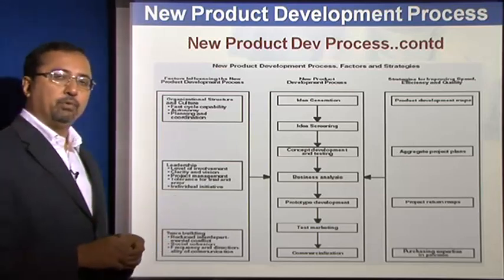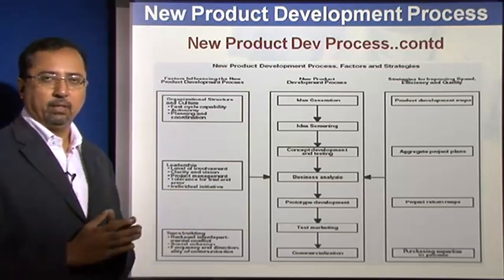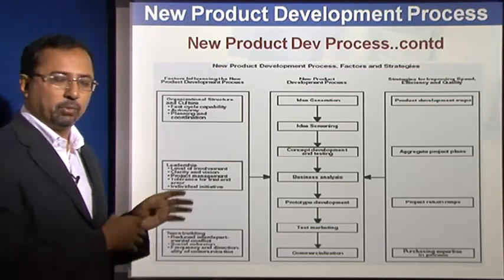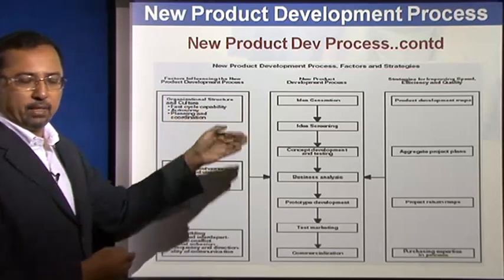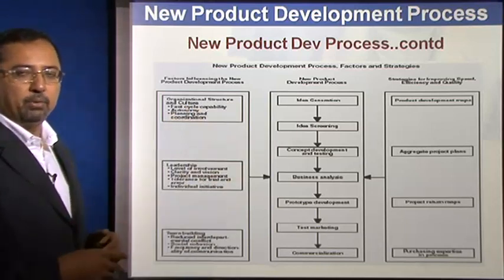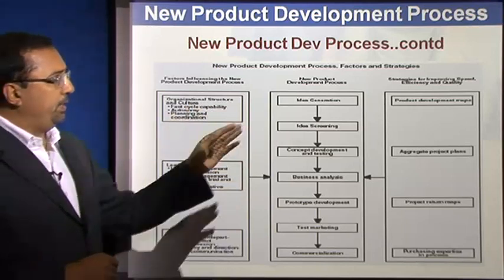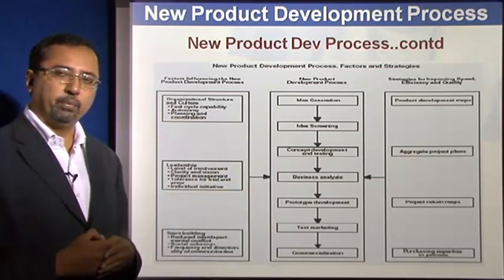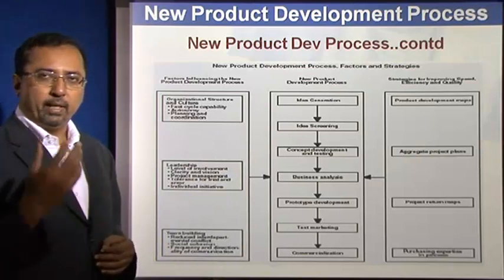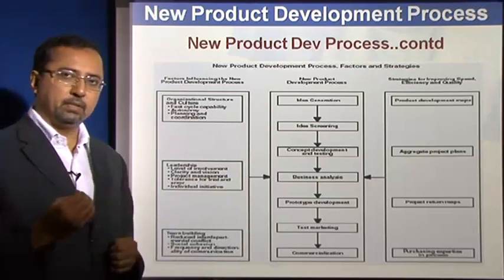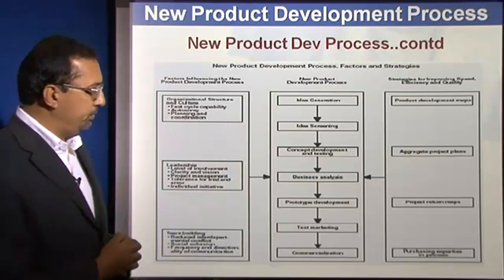Similarly, in the issue of team building, does the company or the organization have a team to ensure that for the various steps, like we have indicated here, there are people to take it forward and to add value at each stage. So there are various strategies too for improving the way you take this idea to market, the efficiency with which you do it, and the quality with which you do it.